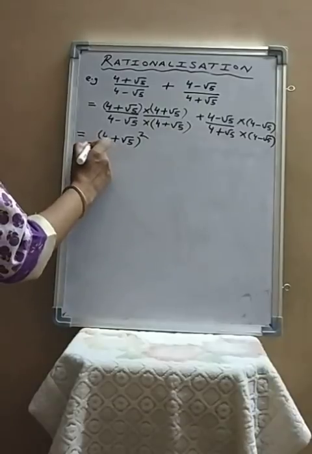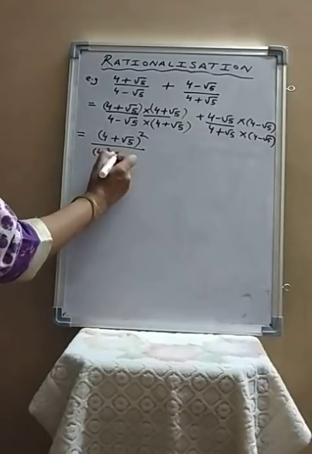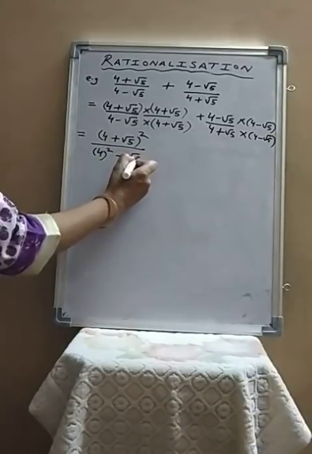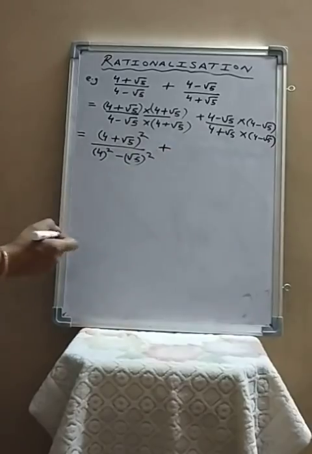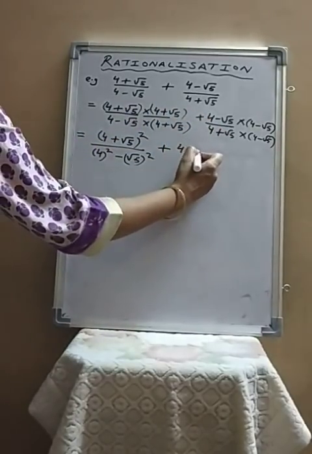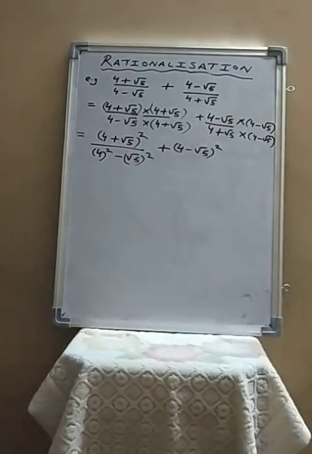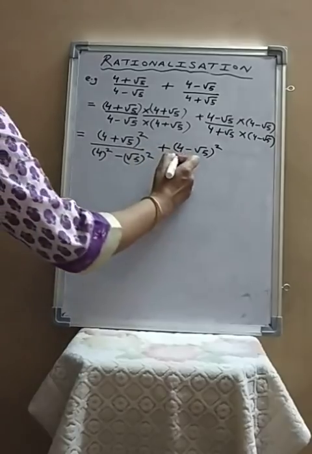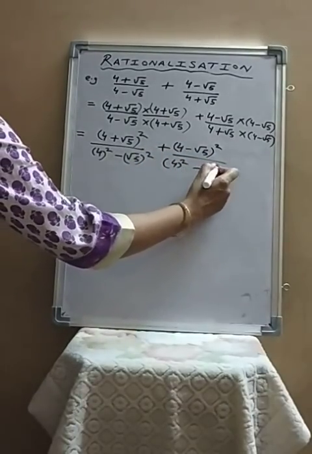And in the denominator, same way, use the identity a square minus b square. Here you can see we have 4 minus root 5 whole square, and in the denominator you can apply a square minus b square.